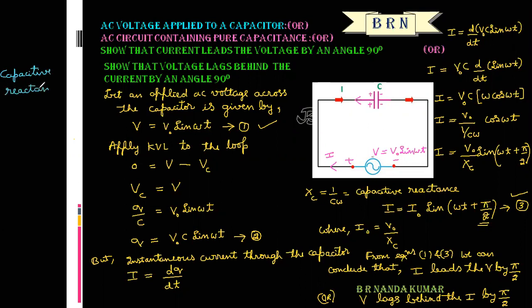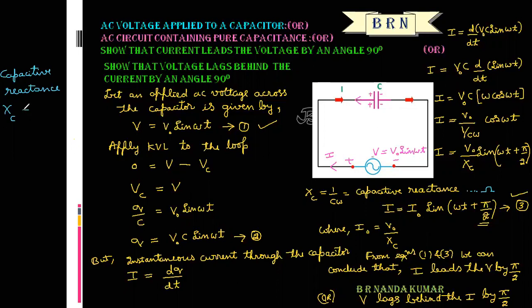Capacitive reactance is denoted by Xc. It is measured in terms of ohm. Resistance is measured in ohm. Inductive reactance is measured in ohm. Capacitive reactance is also measured in ohm.